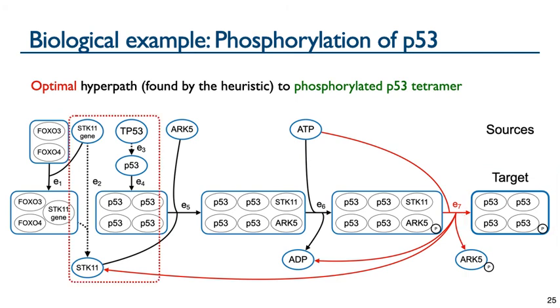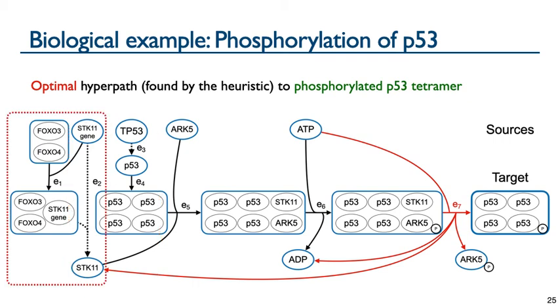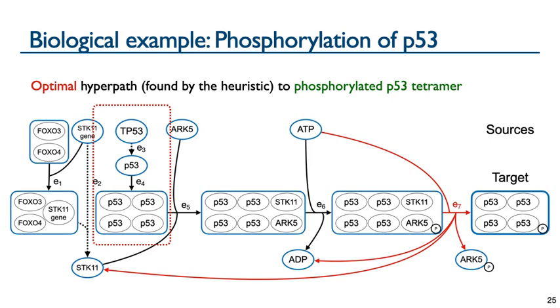Hyperedges E2 and E3 are dashed because they show transcription of a protein, and the small circle with a P inside shows phosphorylation. So here, transcription factors FOXO3 and FOXO4 facilitate the transcription of STK11 in hyperedges E1 and E2. P53 is transcribed and forms a homotetramer in hyperedges E3 and E4.